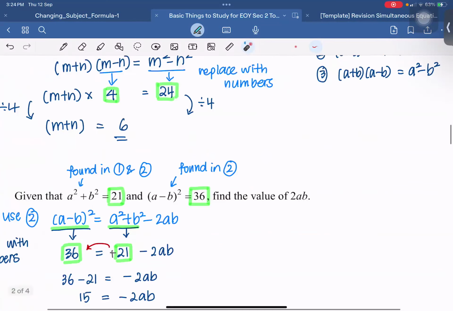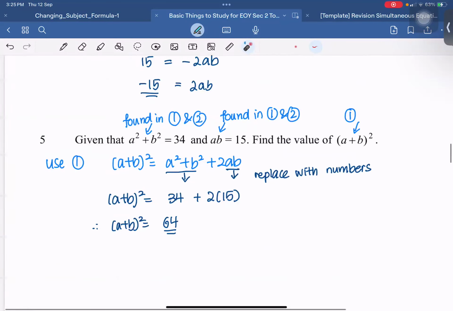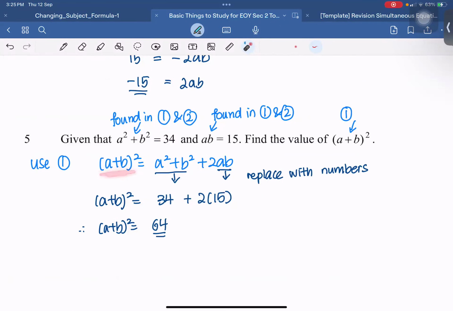So I'll follow: a plus b whole thing square is a square plus b square. They marry each other and they have 2 babies. Okay, so positive, so 2ab. Then next step, we replace the numbers that we have. A square plus b square is the number 34.